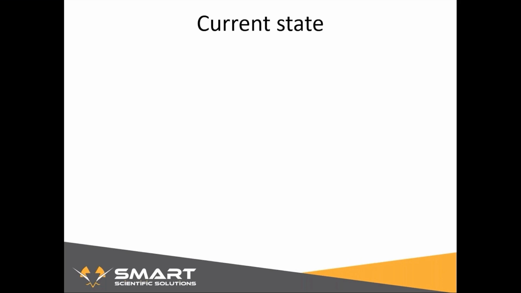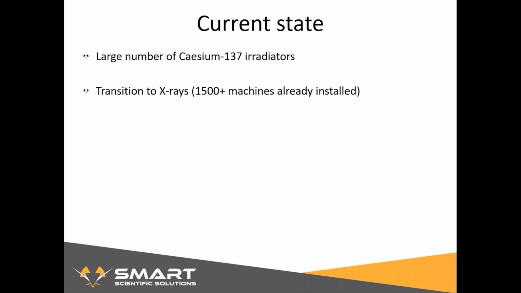So now I'll go over the current state of the radiation research without image guidance. A lot of those irradiators that are still used for these types of studies are Caesium-137 irradiators, but there is a gradual transition to X-rays. This is because many governing bodies are pushing towards replacing the Caesium irradiators and also maybe in the future banning them.